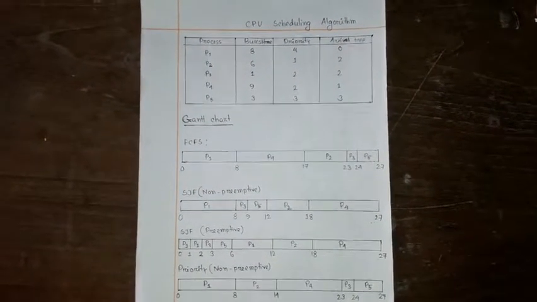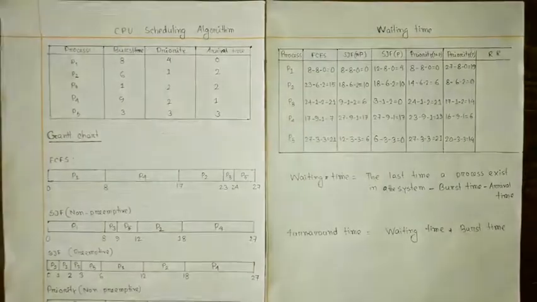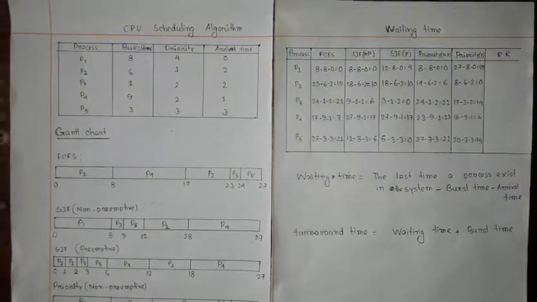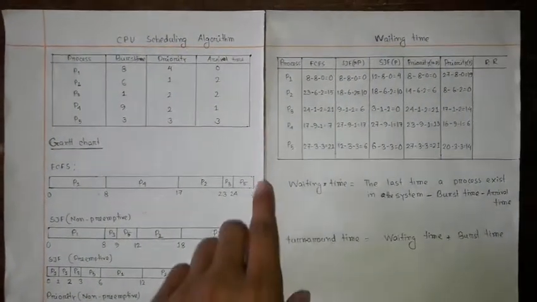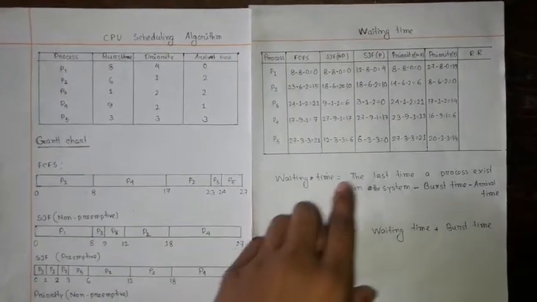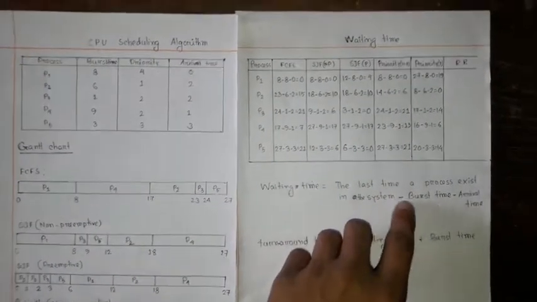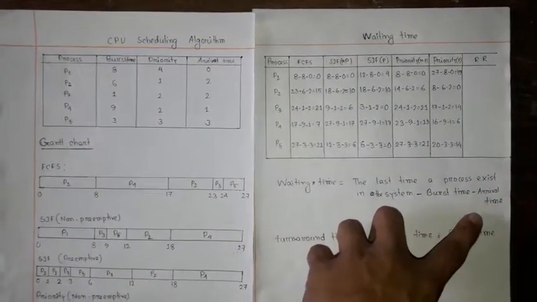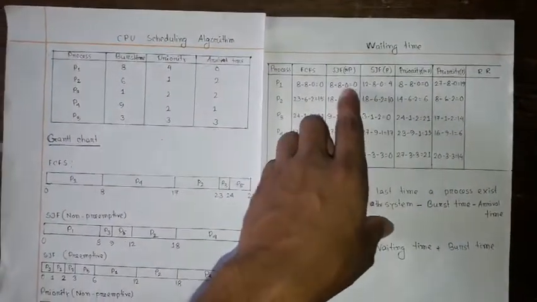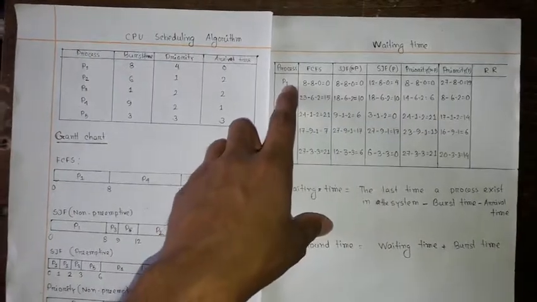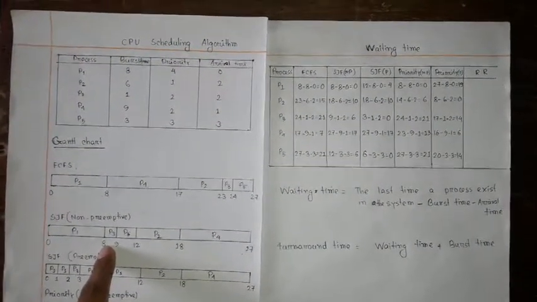Now we'll turn our attention to the calculation of waiting time. As we stated earlier, waiting time is the last time a process exists in the system minus burst time and minus arrival time. For shortest job first non-preemptive, process P1 exists in the system until time interval 8.